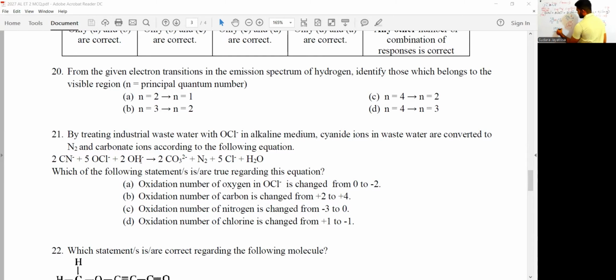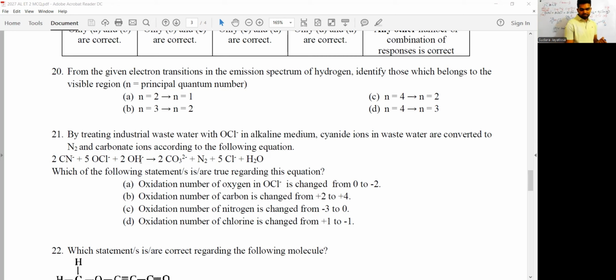Oxygen is always -2 here, okay? So there are exceptions. For example, hydrogen peroxide, H2O2, remember, oxygen oxidation number is -1. Right? But here, in this question, all oxygen atoms have -2 oxidation number.